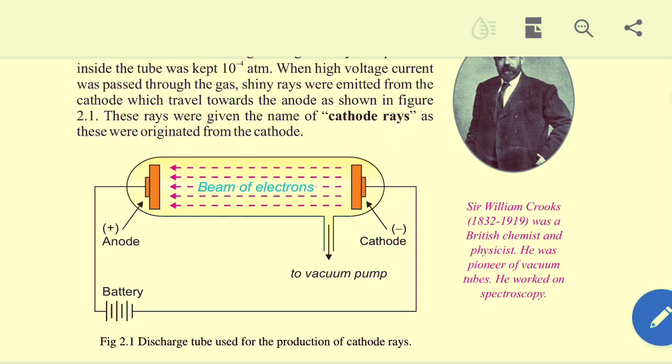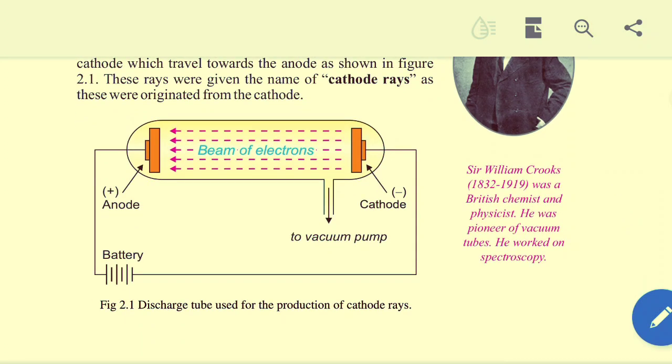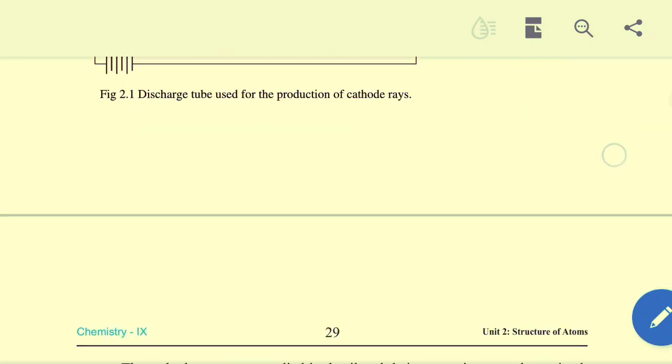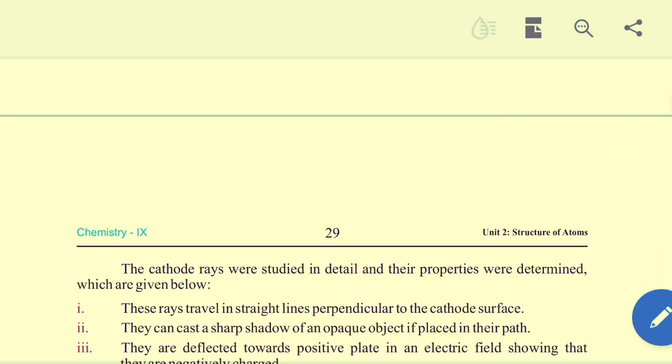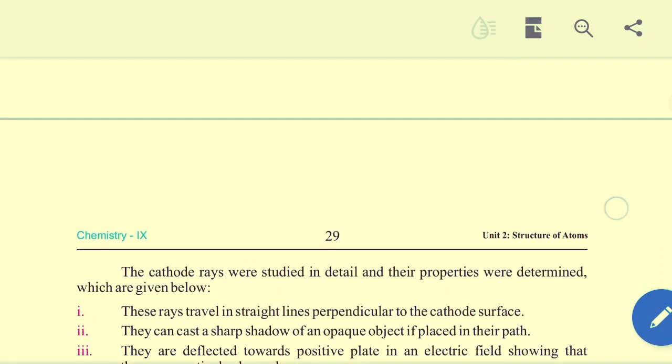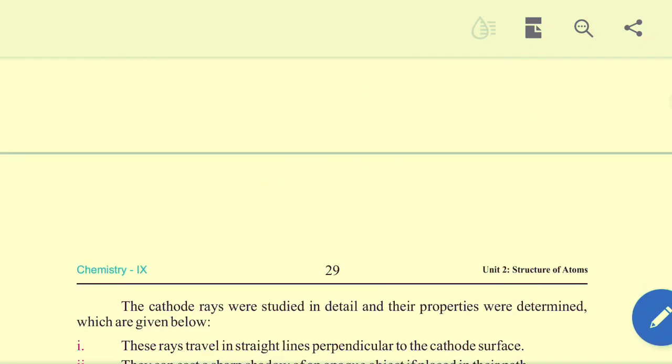A beam of shiny rays is produced at that time, and the scientist studied the nature and properties of these rays, and found out that these rays consist of negatively charged particles, and these rays are called electrons. So next, the third heading is properties of cathode rays, which starts from here.